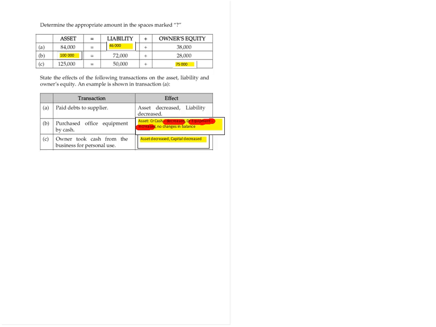As well, the capital would be decreased because this is the company's money, but the owner has taken it for his own personal use. It's not related to the business. So on both sides, asset and capital, we have a decrease. As well, we have a balance, right? Mostly you have done it correctly for transaction C, so I'm satisfied with that.